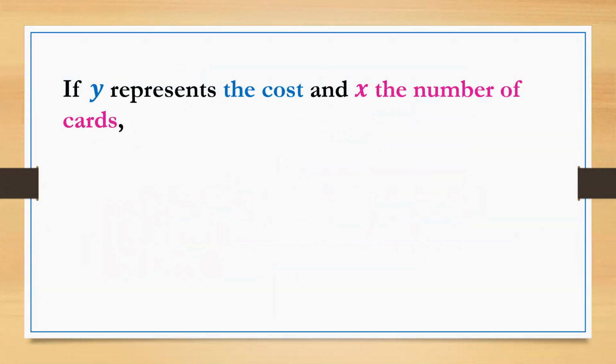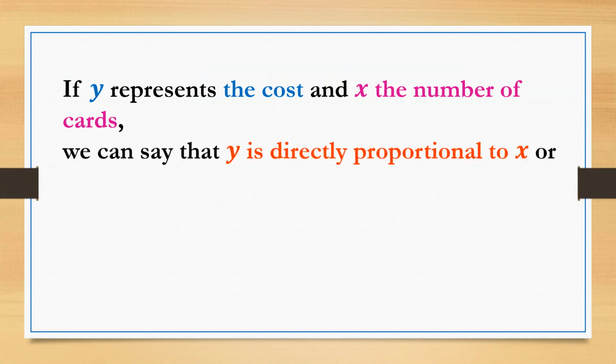So if, for example, y represents the cost and x represents the number of cards, we can say that y is directly proportional to x, or we can also say that y varies directly as x. This means that as x increases, y will also increase, or if x decreases, y will also decrease.